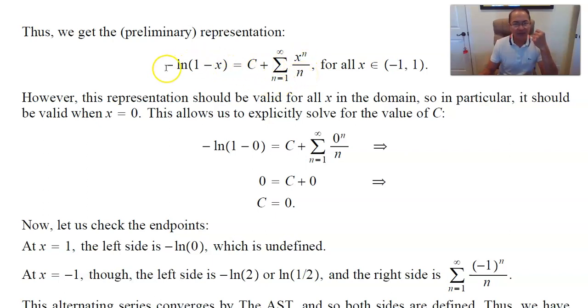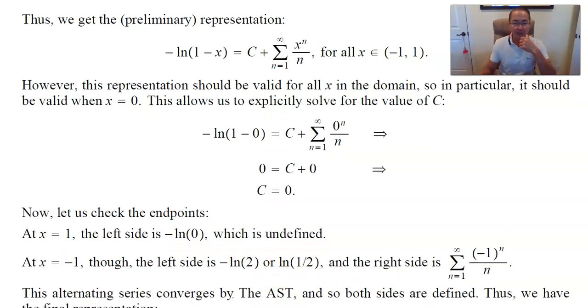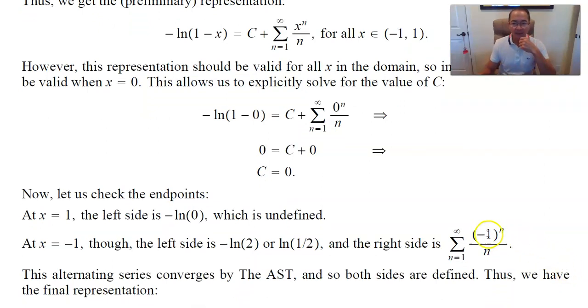Okay. And on the left side, we get minus ln of 1 plus 1, ln of 2. So we get minus ln of 2 or ln of 1 half. Okay, remember, minus 1 goes up as a power. Okay. So we get an alternating series on the right, and let's see, our Bn is 1 over n.